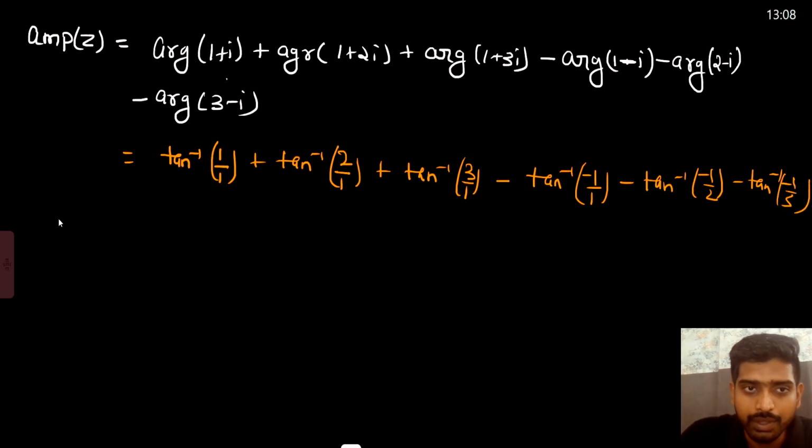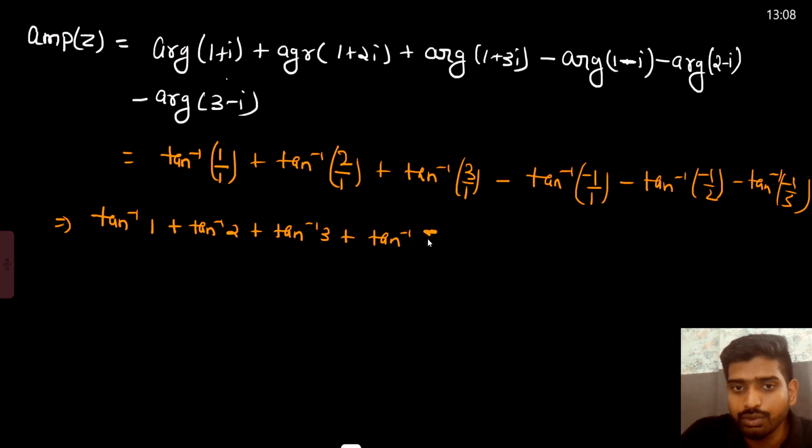So what we'll get after simplification? After simplification, we'll get tan inverse of 1 plus tan inverse of 2 plus tan inverse of 3 plus tan inverse of minus 1.